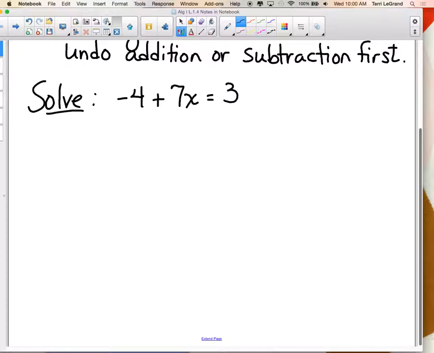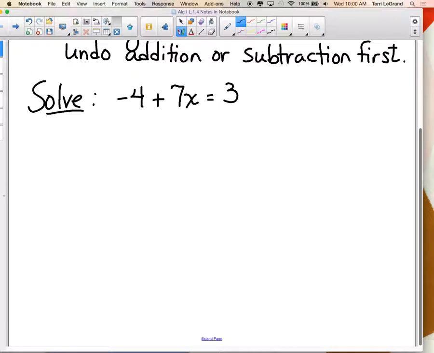What's one of the things happening, Devin? There's a negative 4 being added to 7x. What else is going on, Aiden? 7 is being multiplied by x. Yeah, x is being multiplied by 7, so we really have a couple of things to undo here, don't we?